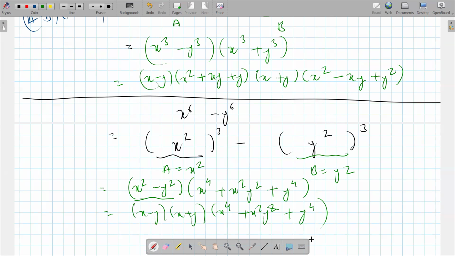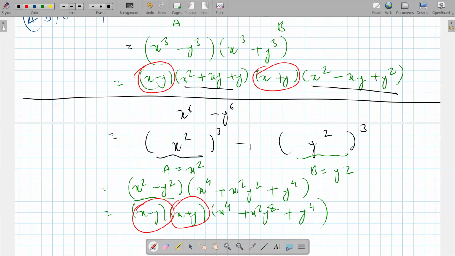Cool? So what are the similarities? Well, this term is the same. The only difference is when we did it using a difference of squares, we got 4 terms. When we did it using a difference of cubes, we only got 3 terms.